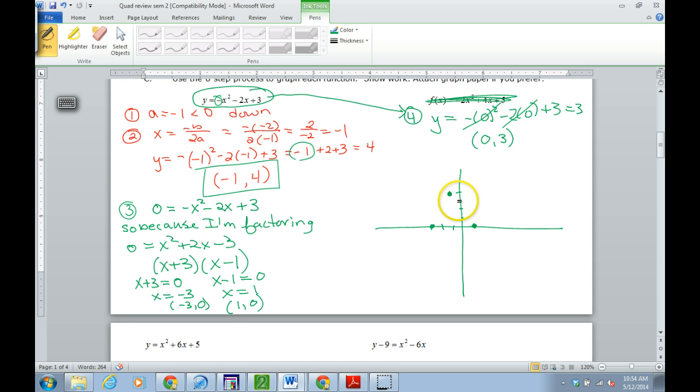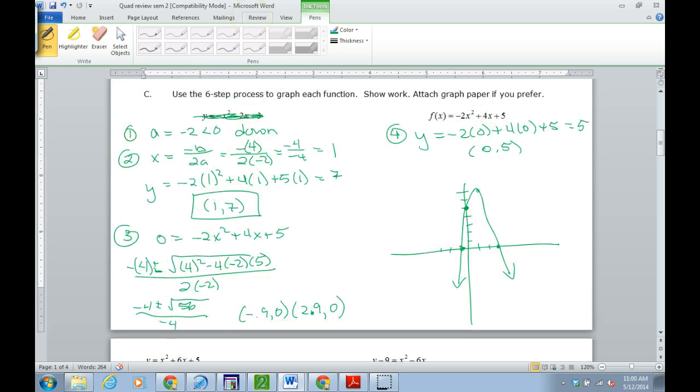And my y-intercept is at (0, 3). So I can connect these dots now. I know it opens downward. So here you go. This is what I got for the second one.